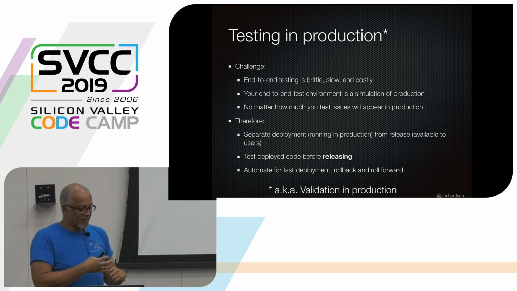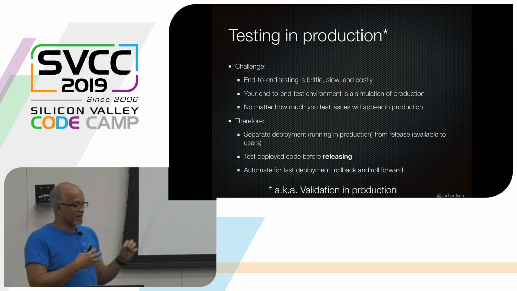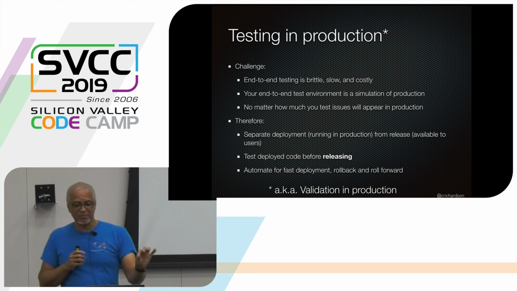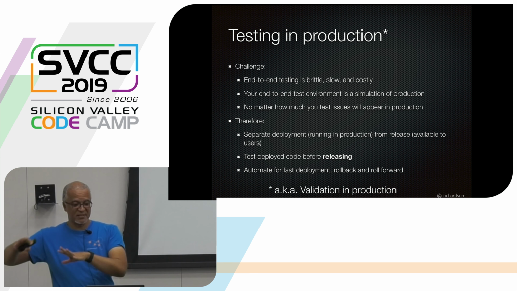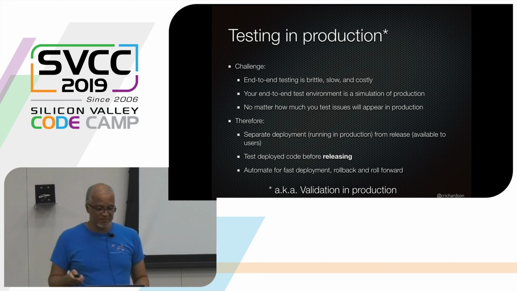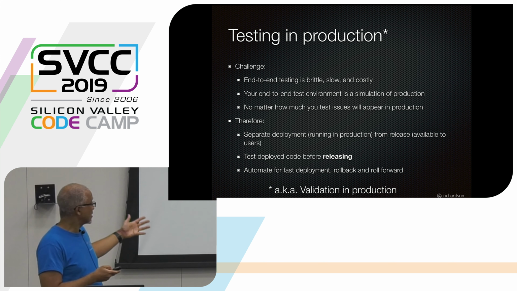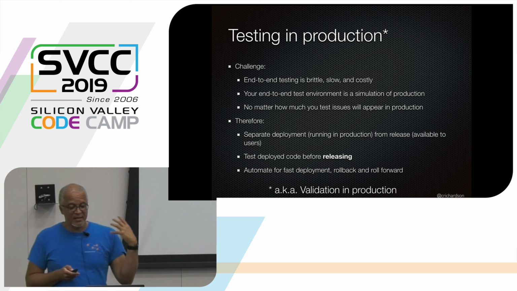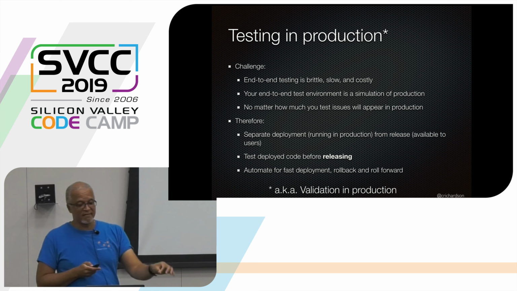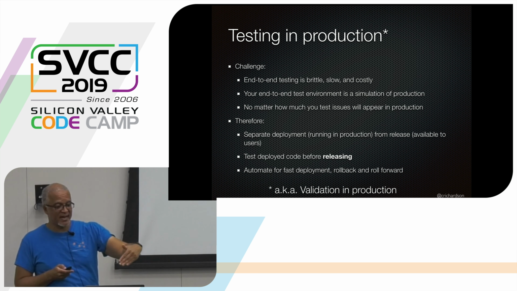That's just a given. So there are some really interesting concepts, like you separate out deployment, which is the act of getting things running in production, from release, which is making that new code available to users. And you can test code before releasing and actually while you're releasing as well. Plus a high level of automation and error detection, so you can quickly detect an error and roll back.